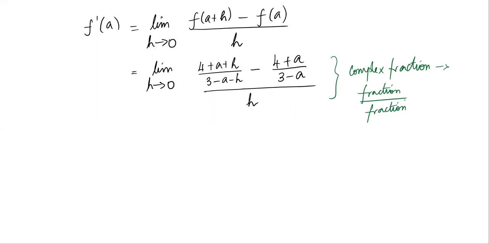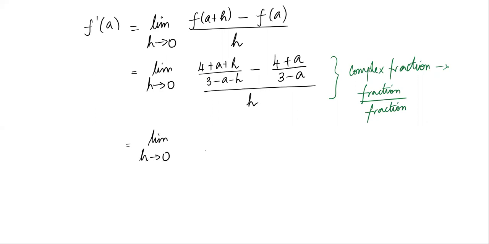So you technically want to make this into a single fraction in order to simplify it. You just want one expression in the numerator and one expression in the denominator. As you can see, the denominator has no problem, you just have an h, but it's the numerator.